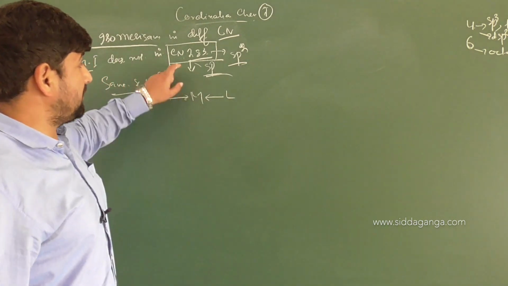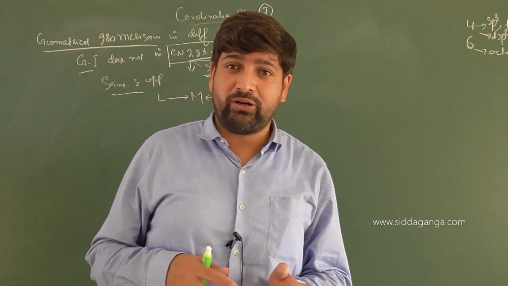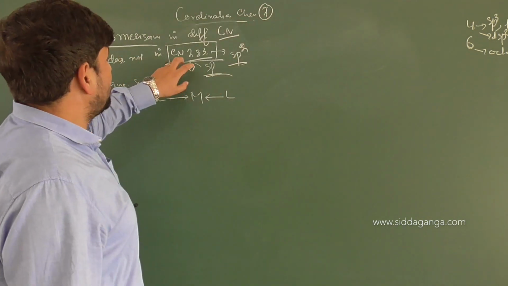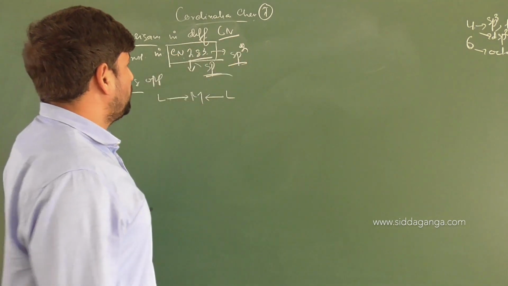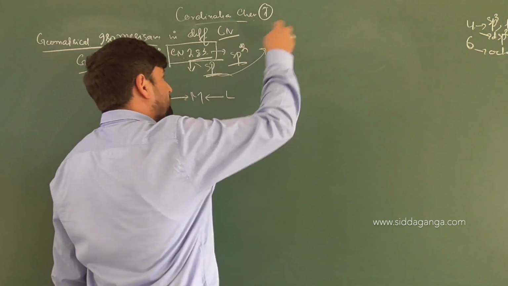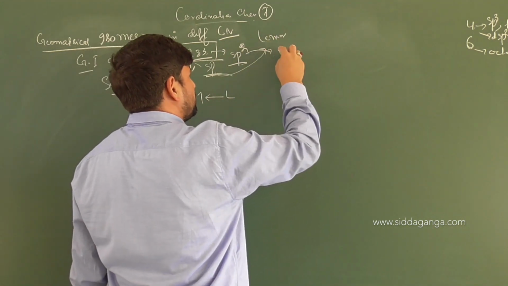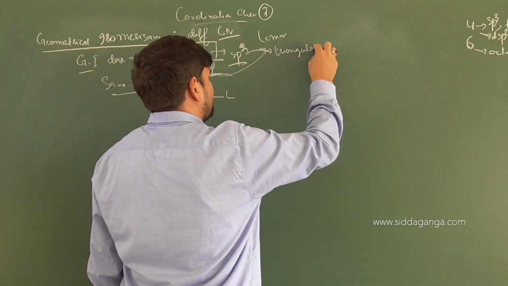Because the total number of sigma bonds, I have told you, coordinate bonds are sigma bonds. If pi bonds are made, they are not taken into consideration in hybridization. So, if coordination number 2 and 3 exist, with hybridization sp and sp2, we will have different shapes and different geometry. The geometry is linear, and sp2 will be triangular planar.